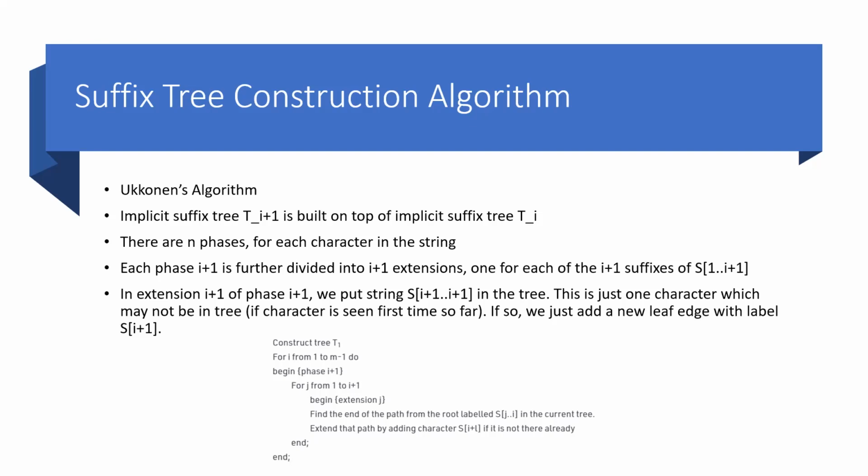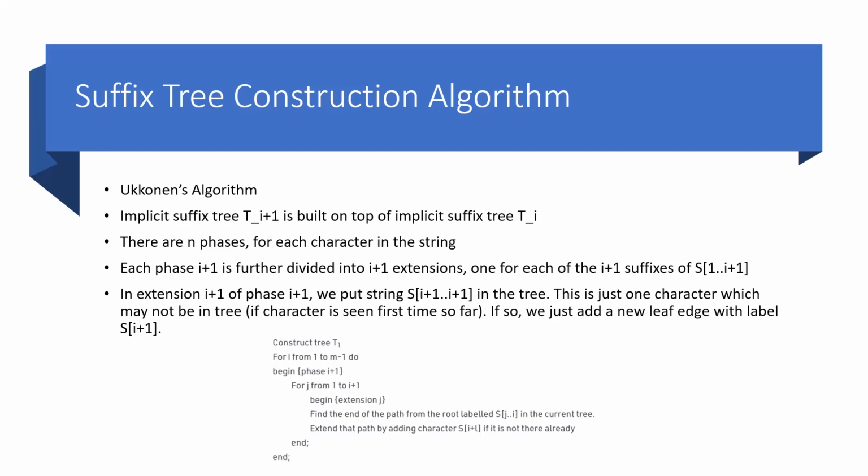And then each phase i plus 1 is further divided into i plus 1 extensions, one for each of the i plus 1 suffixes in the string. So in extension j of phase i plus 1, we put the string from j to i plus 1 into the tree.